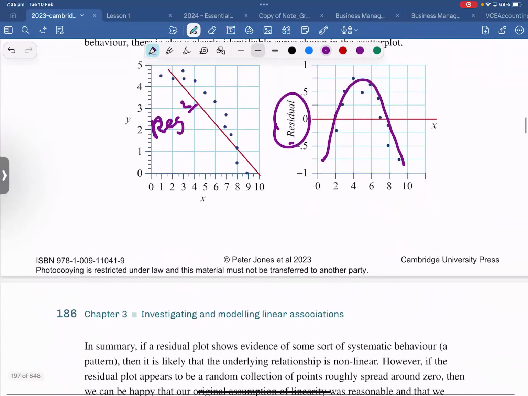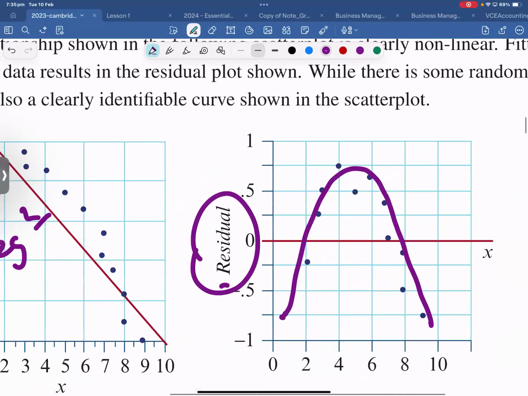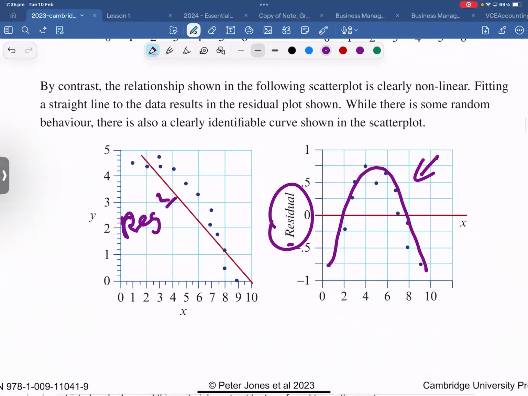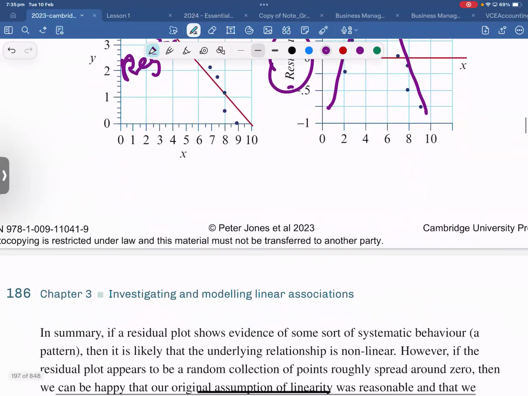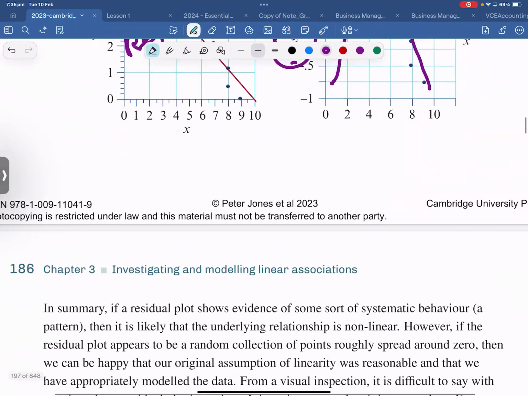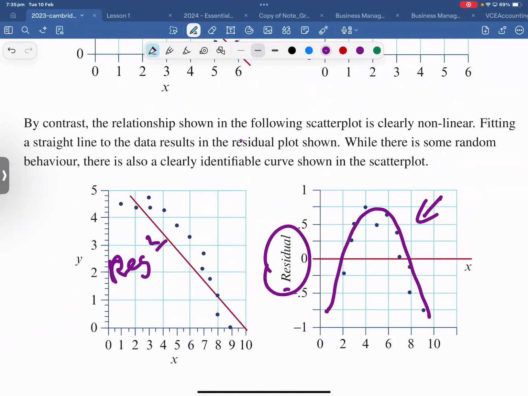If the residual plot is something like this, it shows a kind of a clearly identifiable curve. So that means, what is it? If it is like that, we would say this is non-linear. This regression line is non-linear. It's not linear.